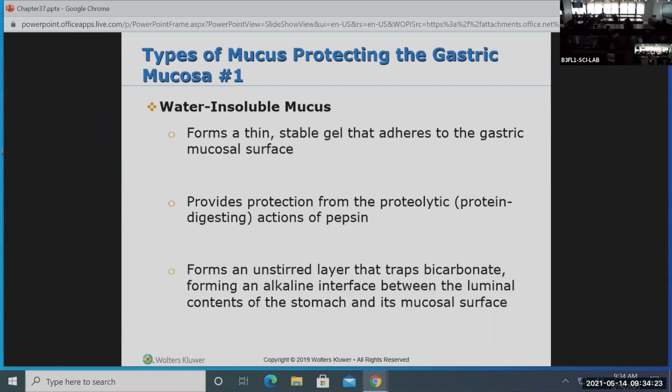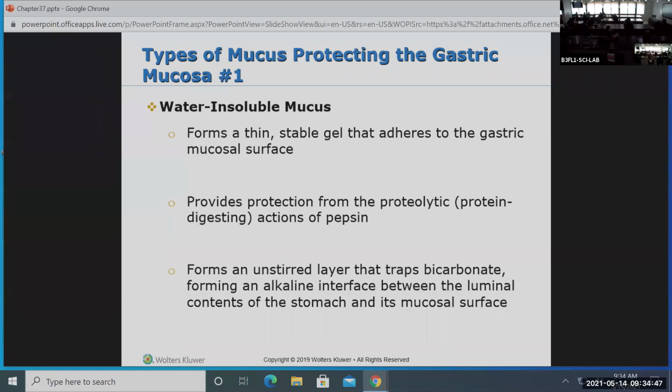And hydrochloric acid is produced by one of the cells in the gastric gland. What is that called? The cell which produces hydrochloric acid in the stomach. What is the name of that cell? Come on, folks.